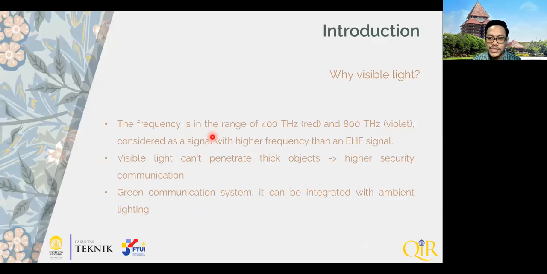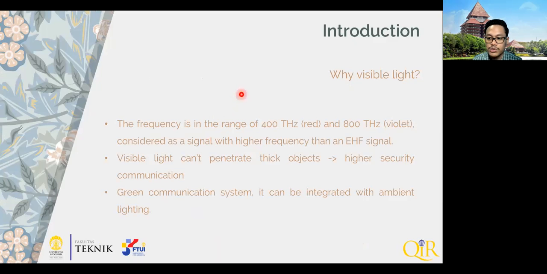Why should we use visible light as a source of communication? Because visible light has some advantages, such as a higher frequency compared to radio signals that are generally used. The implication is that visible light has the characteristic that it cannot interfere with conventional radio signals.